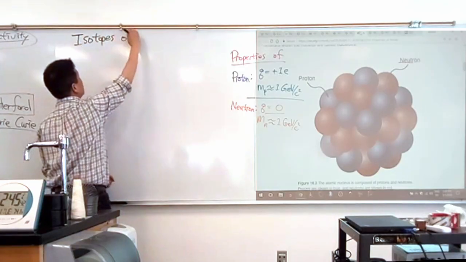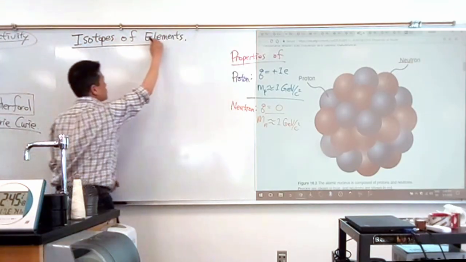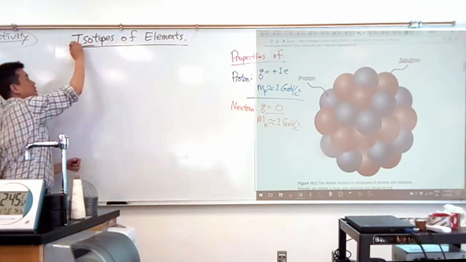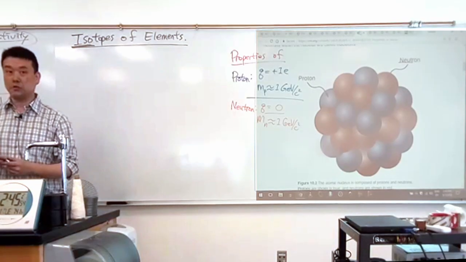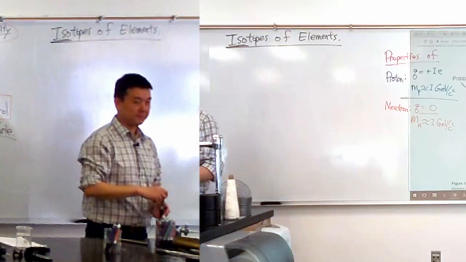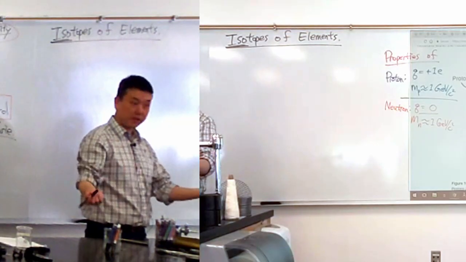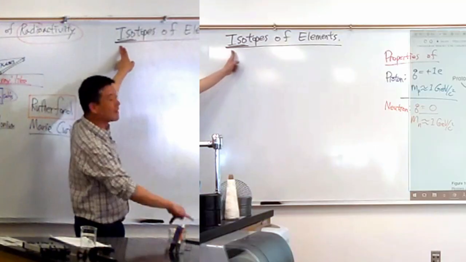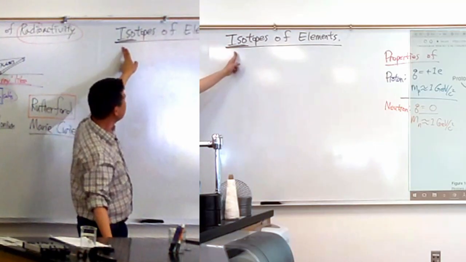Isotopes of an element. So you guys have some sense of what iso in a word means, right? Like equal, isosceles. So when you start something with iso, it means something is equal. And what's equal?